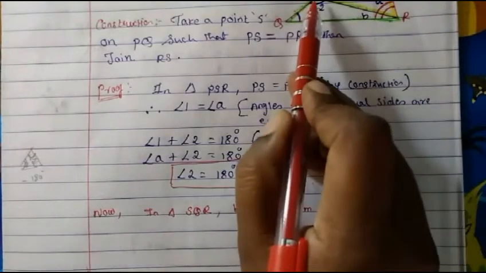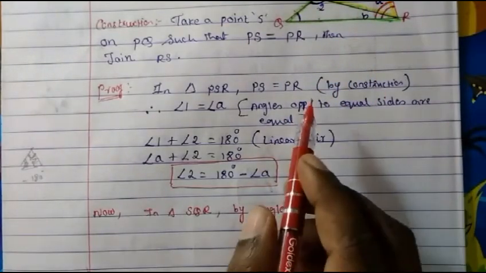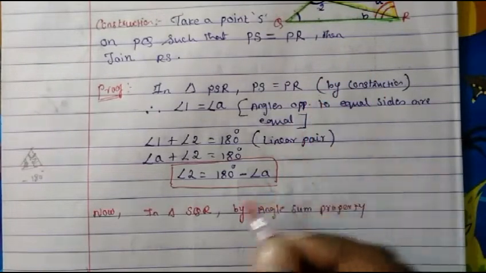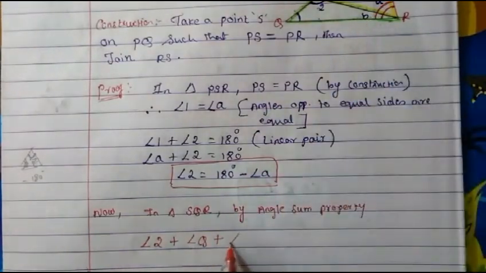So in this triangle SQR, by angle sum property we can write down angle 2 plus angle Q plus this is angle B, together it is 180 degrees.